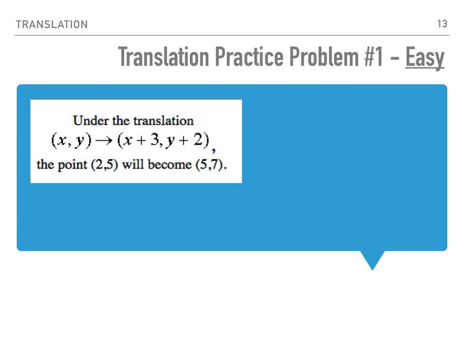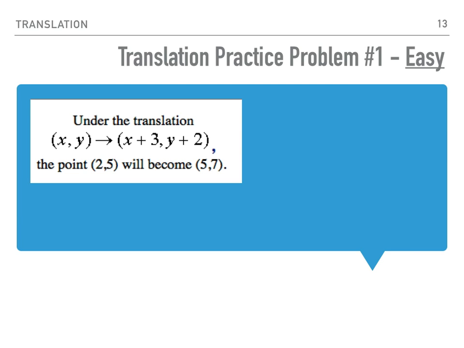Let's start with an easier problem. This question gives you the answer towards the end. Under the translation rule of x, y, x to the right 3, and y up 2, the point 2, 5 will become 5, 7. That's really more of a statement, but it's still a good idea to apply this rule to the first point to get the second point, to see if you understand what's going on here.